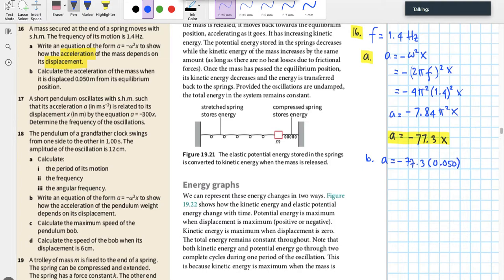So a equals about 3.86, negative 3.86, in meters per second squared. Yeah, that's it.